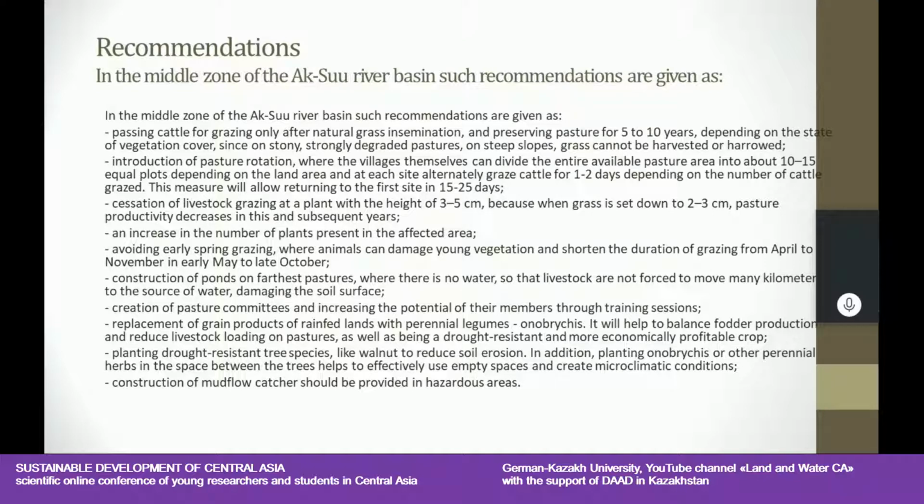These are plants which grow and do not depend on much water.